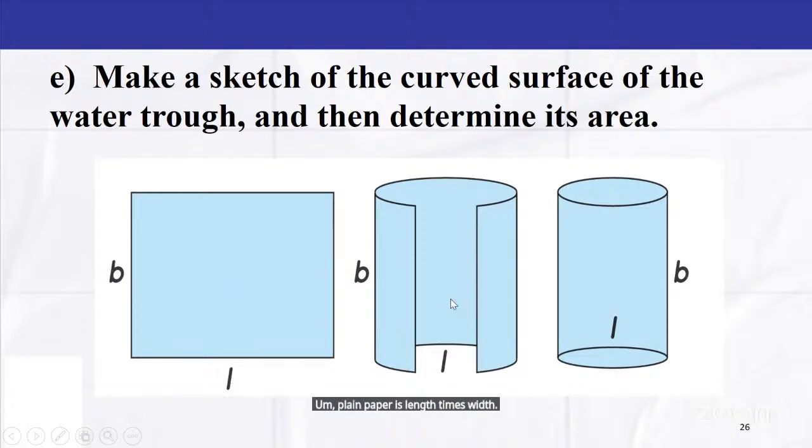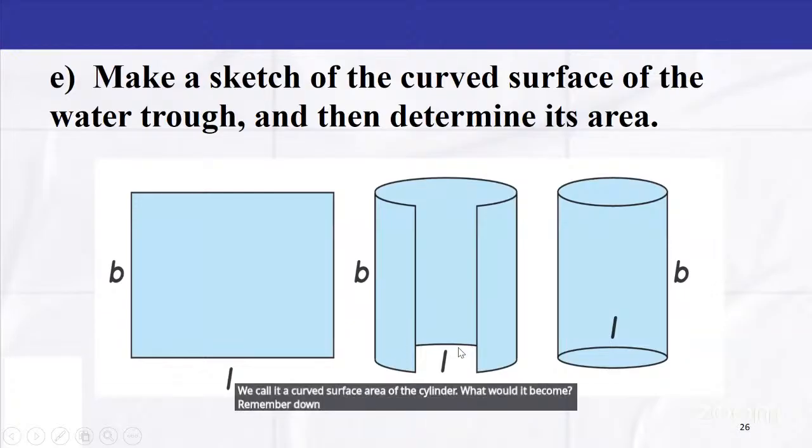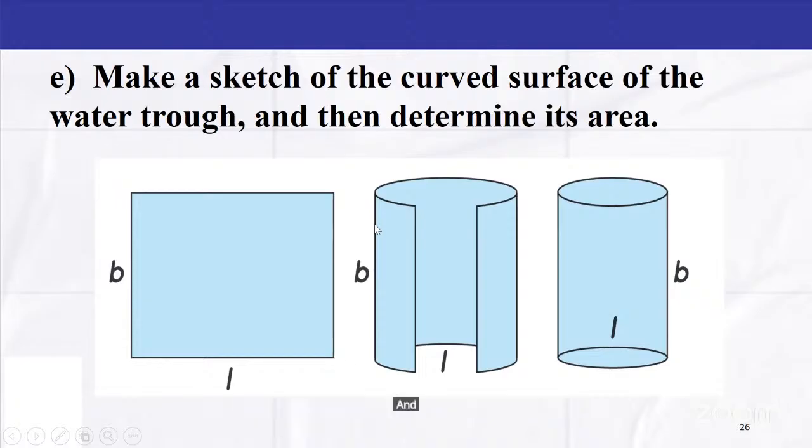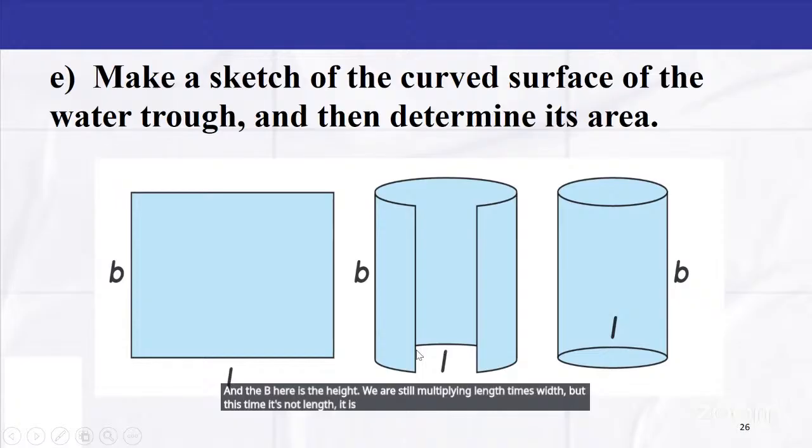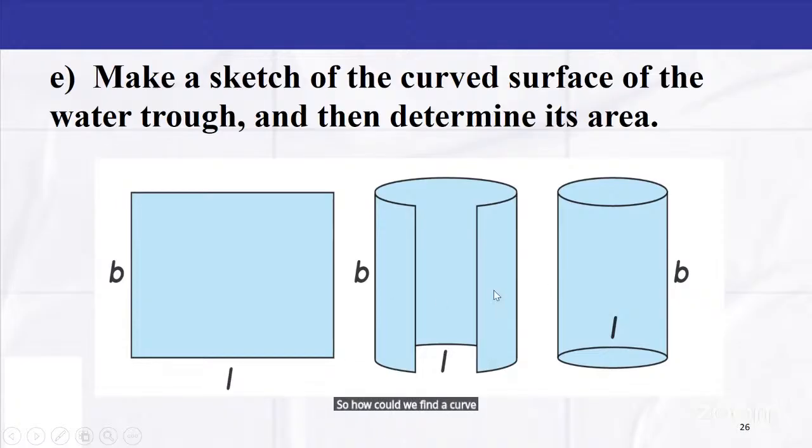So if we want to find the curved area, we call it the curved surface area of the cylinder. What would it become? Remember, down here at the bottom is the circumference, and the B here is the height. We are still multiplying length times width, but this time it's not length, it is the curved part, which is the circumference. So how could we find the curved surface area of the cylinder?